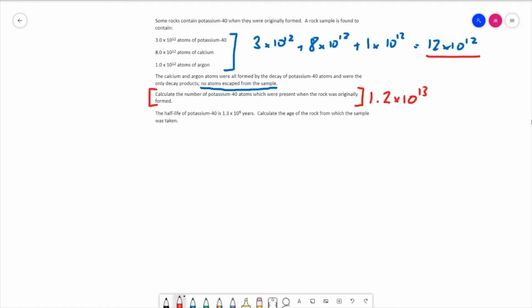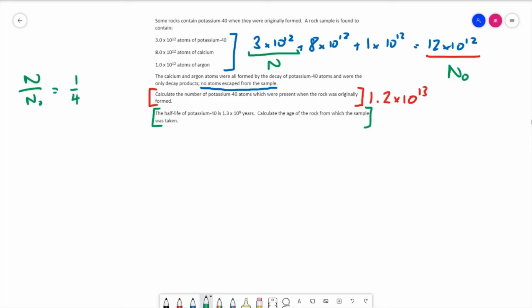Now for the second part, to calculate how old the rock is for this section here. If the initial number was 12 times 10 to the 12, so that would be N0. This number here, 3 times 10 to the 12, is N. What we can now see is that N over N0 is a quarter.